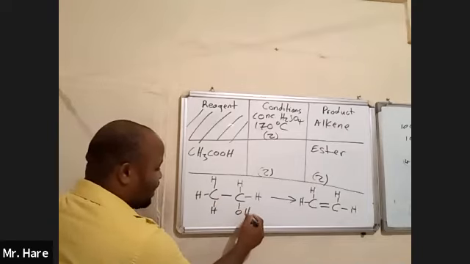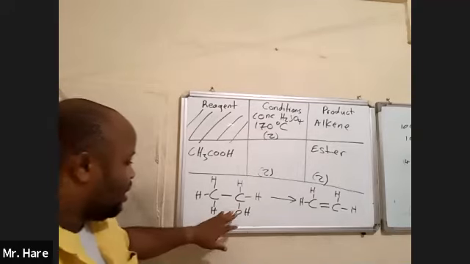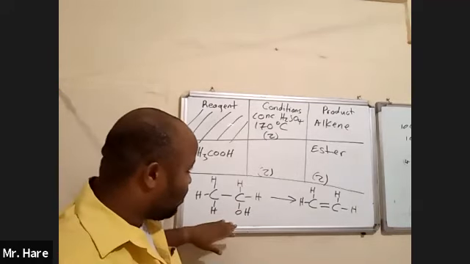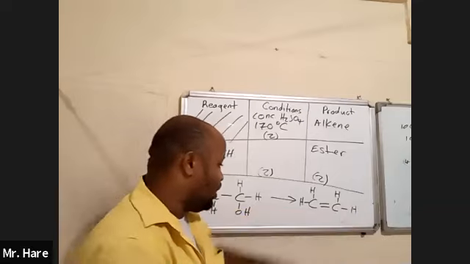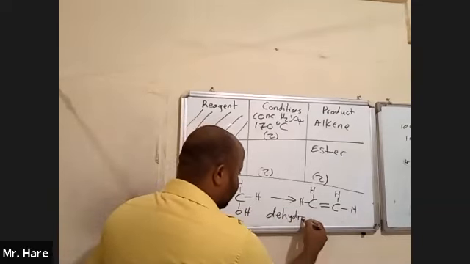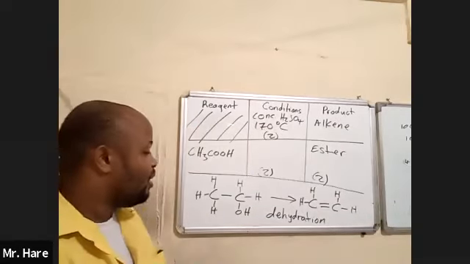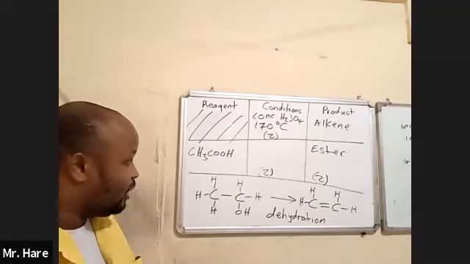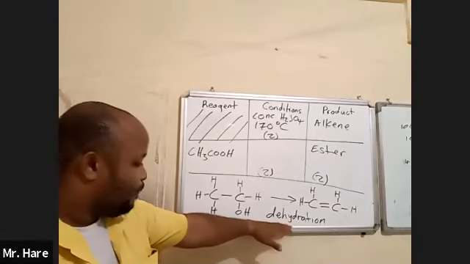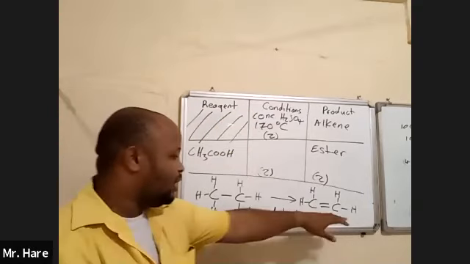So this is a dehydration reaction. If you have an alcohol and it is converted to the alkene, that is dehydration. They could have asked for the name of the reaction, but it's dehydration. These are the conditions, and this is the product.